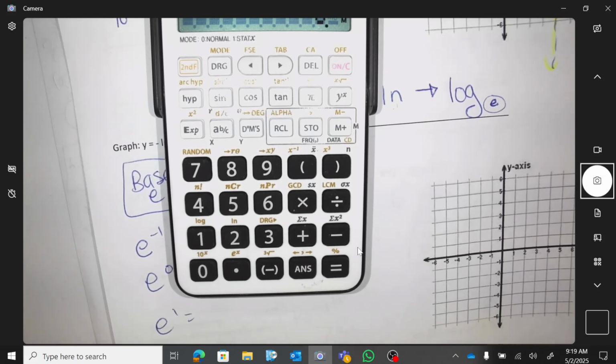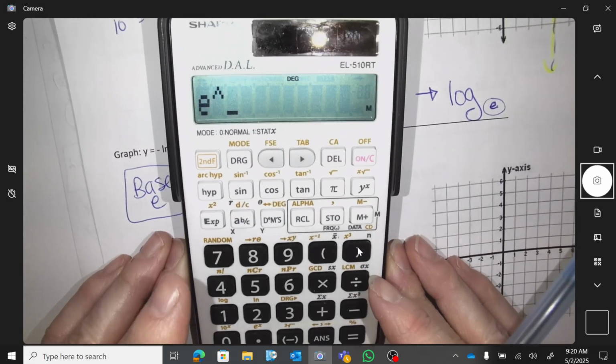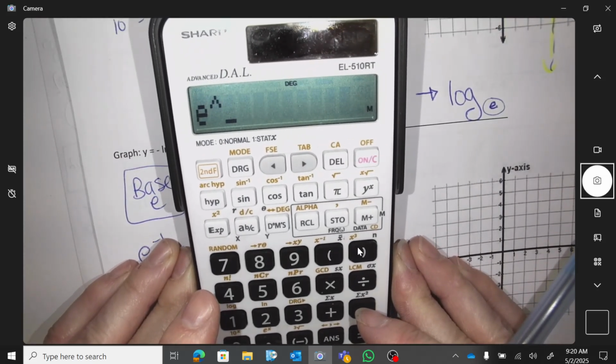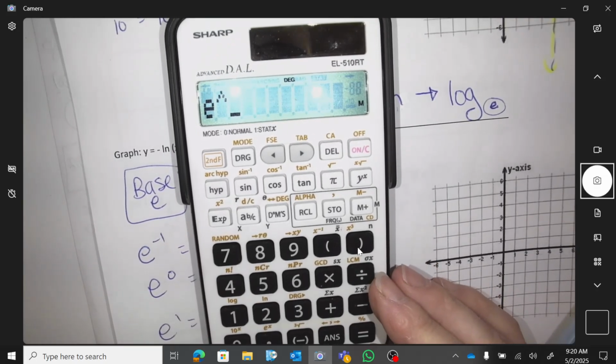Everybody will kind of have something different. Mine, I have to do a shift on. And I think everybody's calculator, no matter what, when you push it, it activates an exponent. Does everybody's do that? E to the, and it like puts an exponent up there.